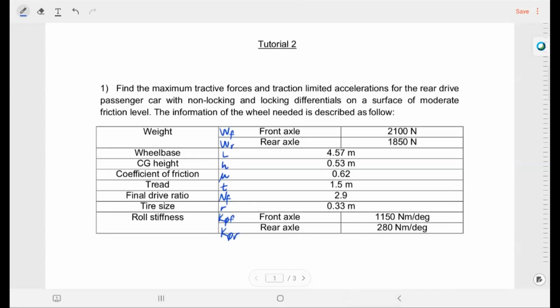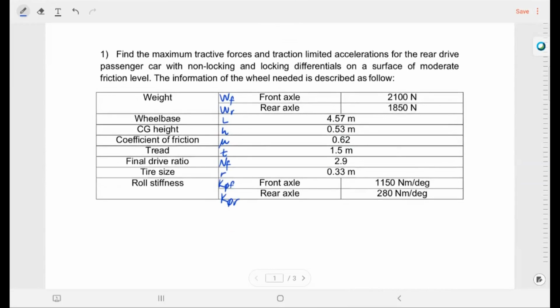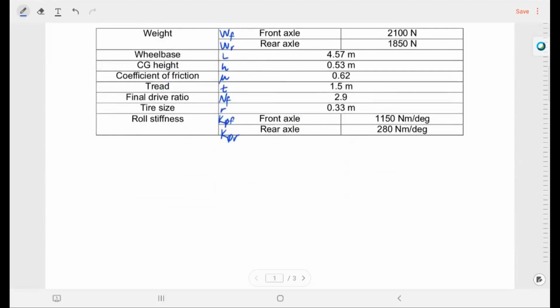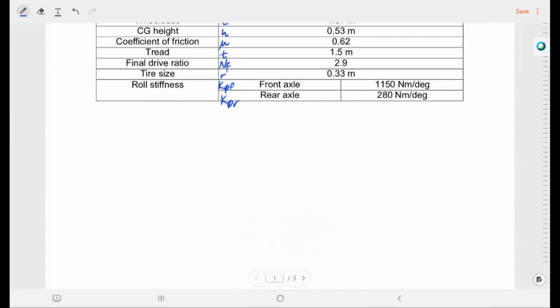Okay. So, untuk drive passenger, untuk rear drive passenger, kita tengok dulu non-locking. Dia ialah, ni nak cari maximum tractive force. Okay.